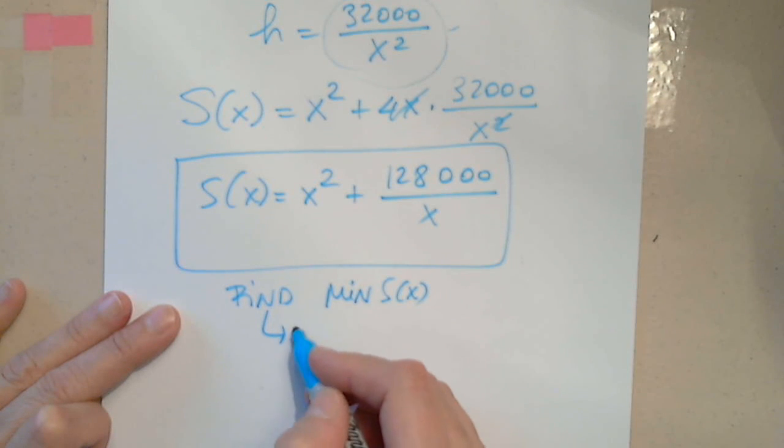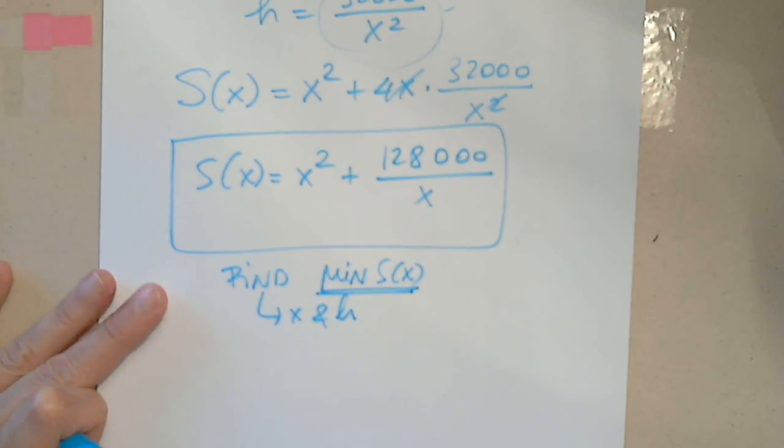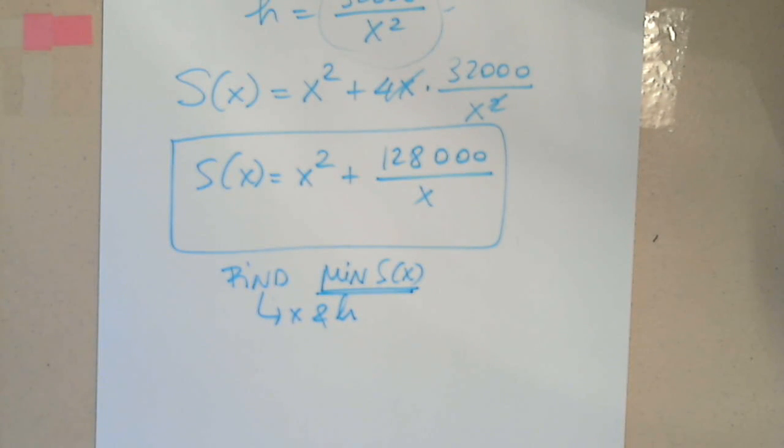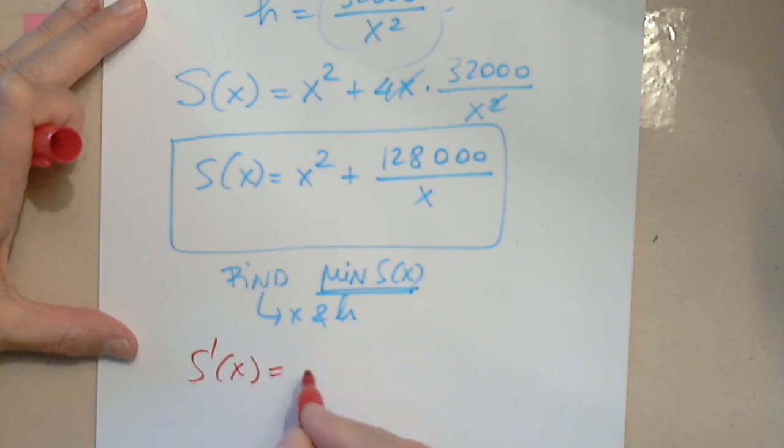Basically I'm asked to find x and h for a minimum surface area. So how do I proceed? Differentiate. Yes, very good. I have to find critical numbers first.